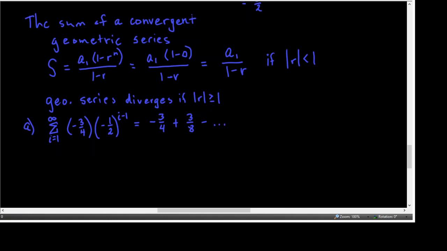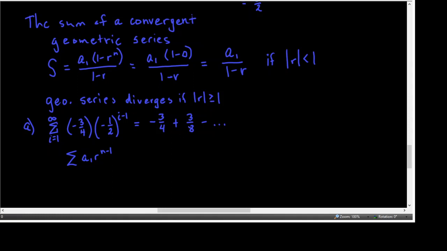This one is geometric. I know I didn't find very many terms, but this takes the form of a geometric one. Whenever you see sigma of a constant times r to the n minus 1, or n, depending on what you start n as, then that's always going to be geometric.